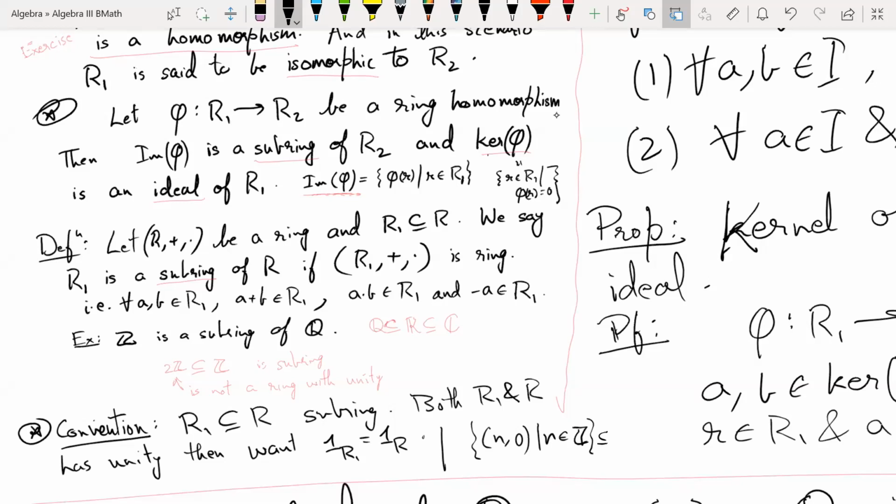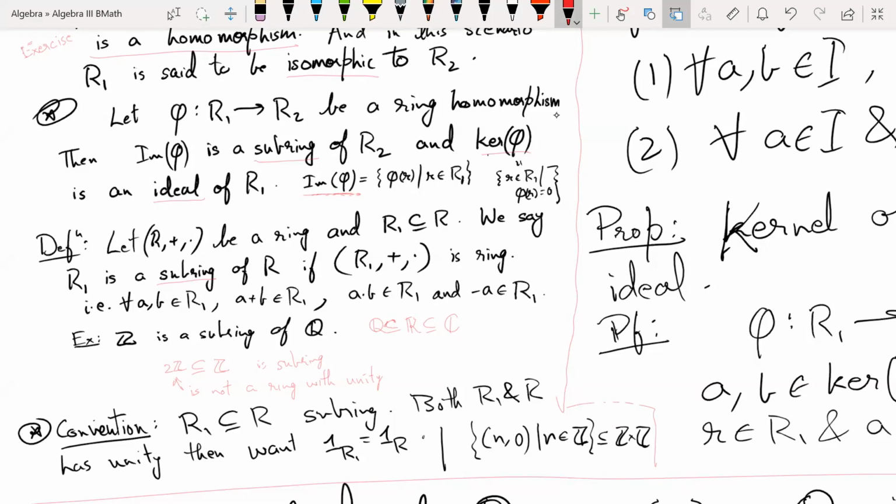By this convention, it's not a subring, but by the other definition, if you don't want to worry about units in it, it satisfies these axioms. When we are studying rings with unity solely, then we won't think of this as a subring.